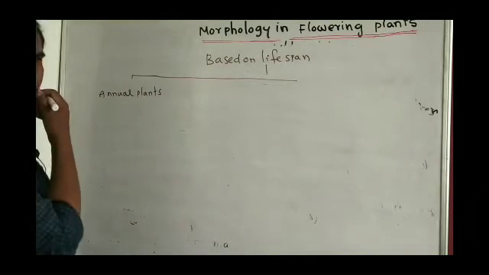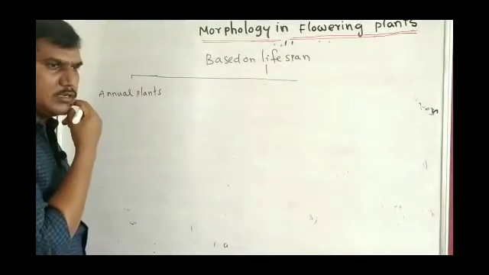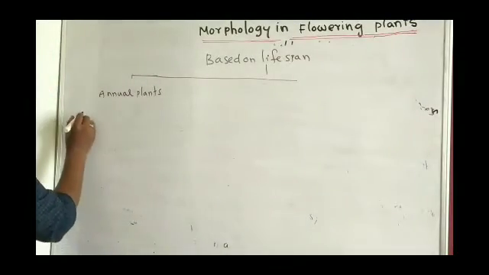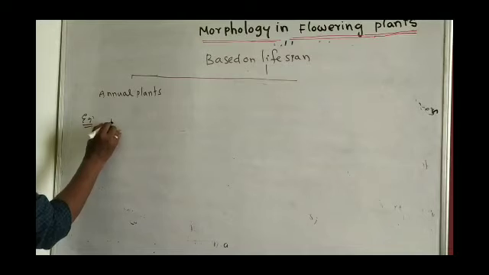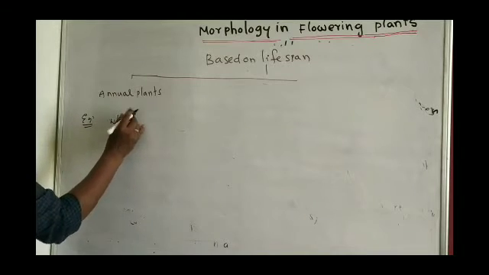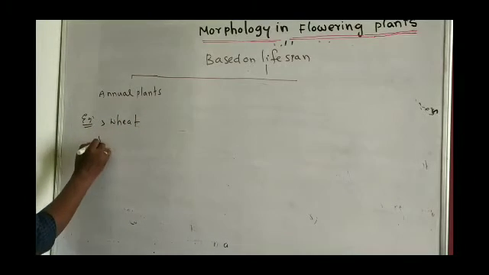Those plants that complete their life cycle within a single season we call annual plants. Example for this one, wheat, paddy.